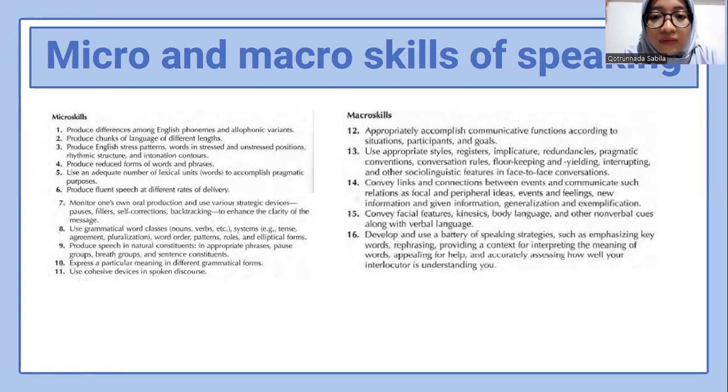And then also convey links and connections between events and communicate such relations as focal and peripheral ideas, events, and feelings, new information and given information, generalizations, and exemplifications. Okay, and so on. Okay, we move into the next slide.